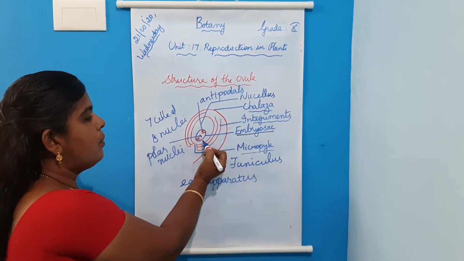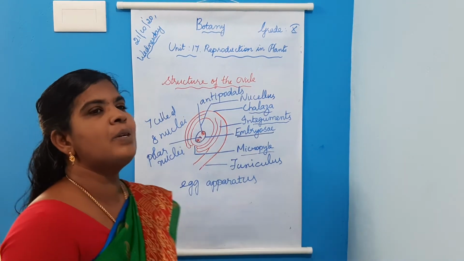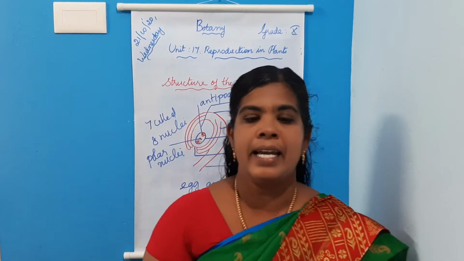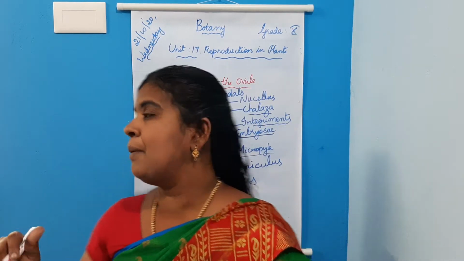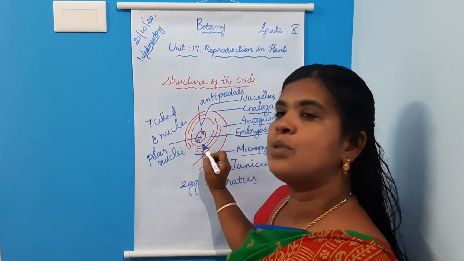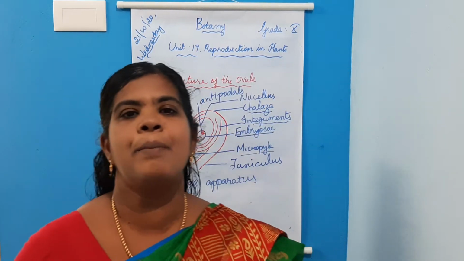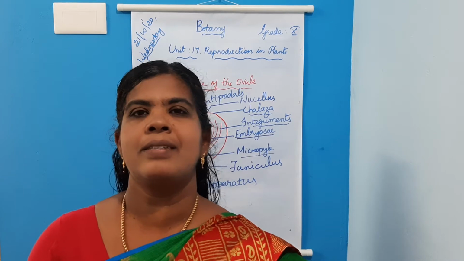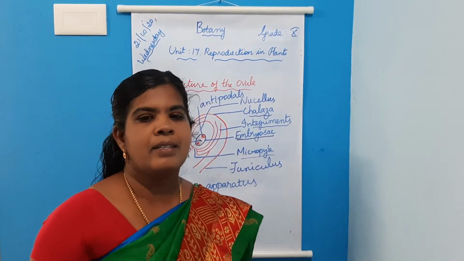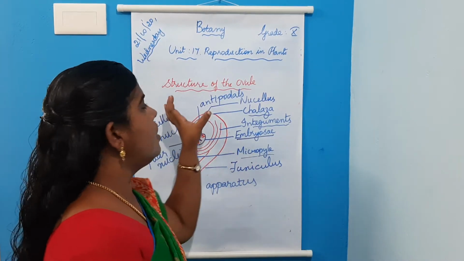These 2 are called polar nuclei. So the embryo sac is 7 celled and 8 nuclei. The egg apparatus consists of an egg cell and 2 synergids. The egg cell is the female gamete, and the remaining 2 cells are synergids. This is the structure of the ovule.